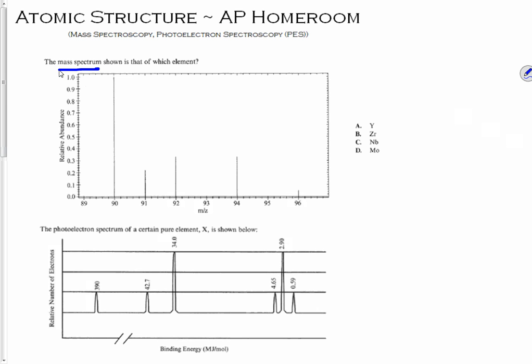When you throw this into the measuring instrument, the different isotopes basically shoot, and they can figure out what the masses are by peak and the relative abundance. So this peak line is how many times they're sensing that this atom or isotope has a mass of 90. So the higher the peak, the more occurrences, the relative abundance. And so on and so forth, and you see some 91s, 92s, 94s, and a little 96.